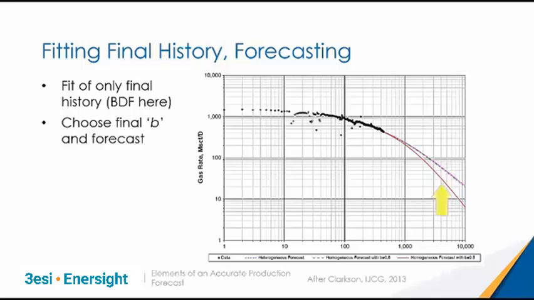That's this curve here. If it's more heterogeneous and we know our geology, we might forecast with an ARPS B of 0.8 for the remaining life of the reservoir. It's a judgment call that we have to make. But we need to be conscious of the fact that we've got to make that judgment, and it is going to affect our final answer.